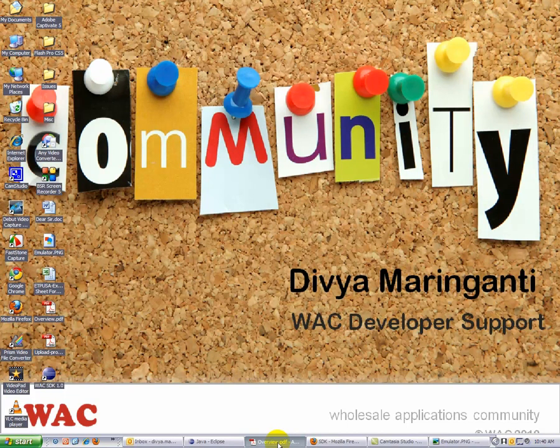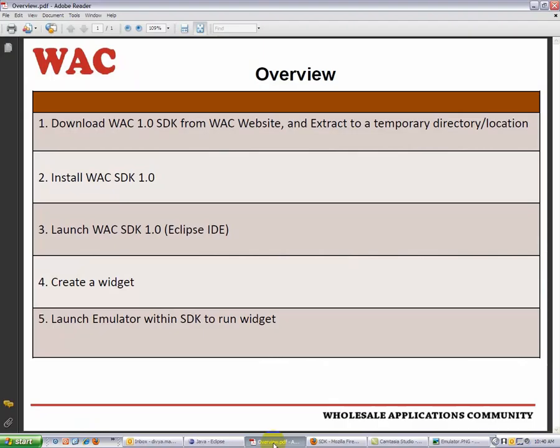In this video, I'll be demonstrating how to use the WAC SDK to create a widget. Displaying on my screen is a high-level overview of steps. Download the WAC SDK from the wacapps.net website. We have Windows, Mac, and Linux versions available. In addition, we also have a transit widget emulator for Firefox.